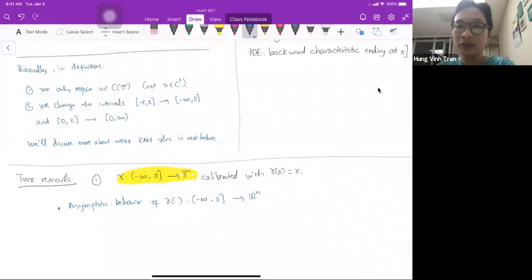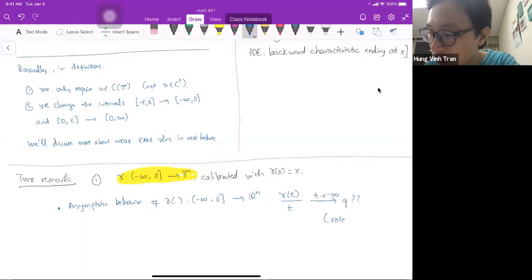I can lift everything to R^n. Then people often ask what's the behavior of gamma(t) over t as t goes to minus infinity? Does it converge to anything? This is the so-called rotation vector.